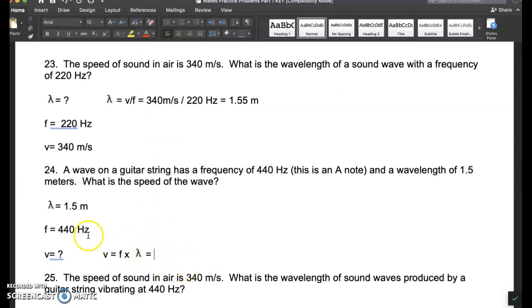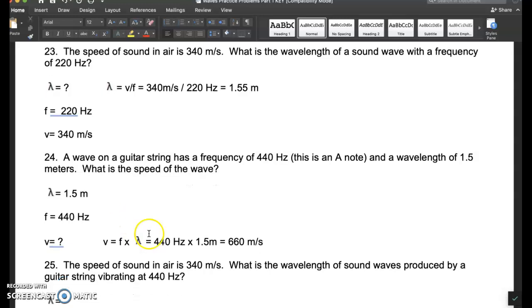Which is equal to frequency 440 hertz times 1.5 meters is equal to 660 if my mental math is right. Yep, 660 meters per second.